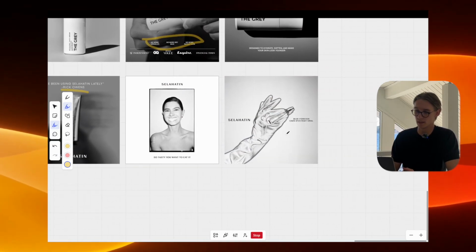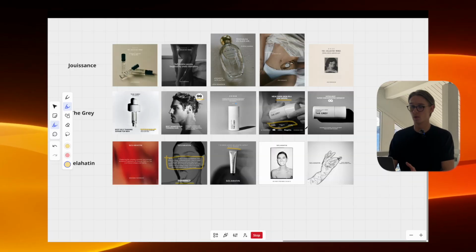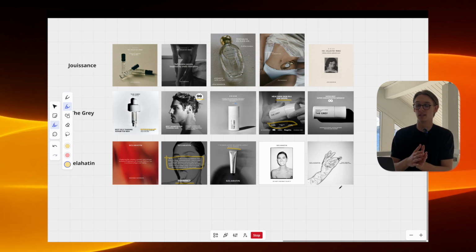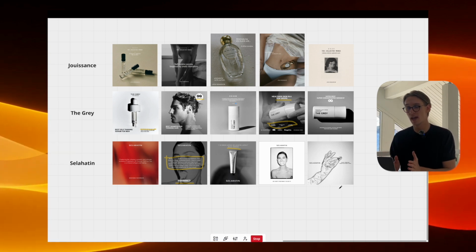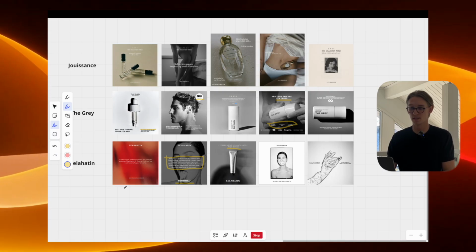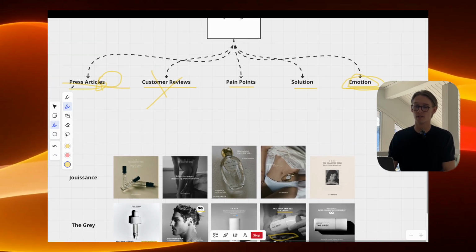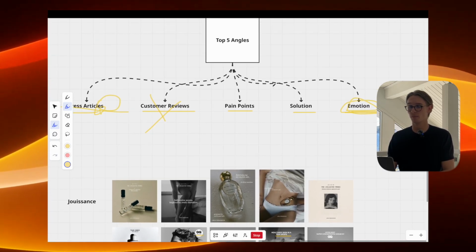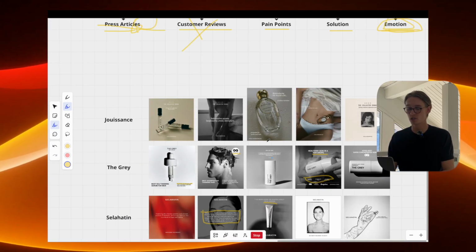And having this way of repurposing your shoot content that generally is not made for advertising into something that people love to click on and really makes them curious is just such a strong and cost-effective way to expand your advertising strategy. So that's one of the major things that we do for our clients actually, and it's just working so well. Even though here for Selatin, we don't even go into these 5 angles that much.